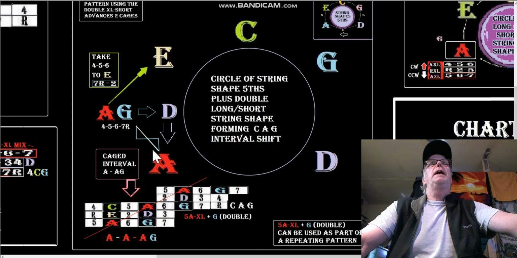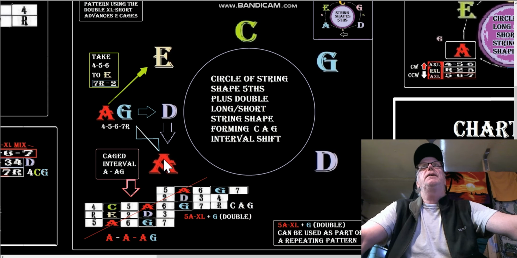So we can go to A to AG, and then with AG we'd go to a fifth interval. The fifth of G is D. We'd go back to D there. From D, we can go to A because the fifth of D is A. So we go G, D to A there. Here we go: A to AG to D to A.